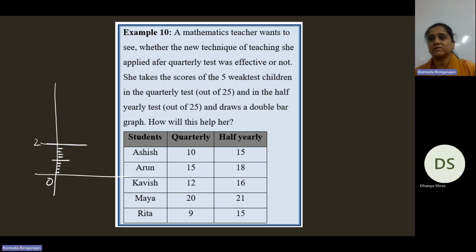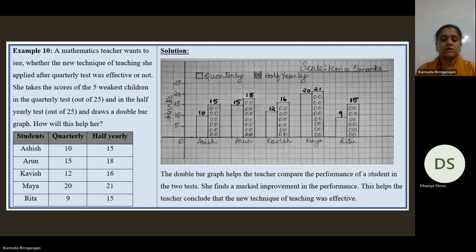It goes on like that. So you do this and also 2, 4, 6, 8, 10. Now what you need to understand is this is 0, this is 2, so that middle line will be 1. So 0, 1, 2, 3, 4, 5, 6, 7, 8, 9, 10, and so on.